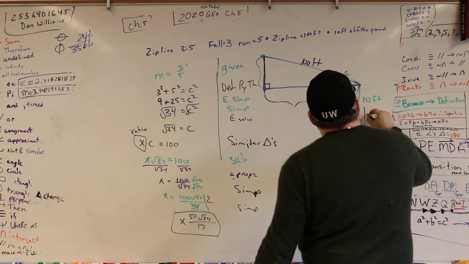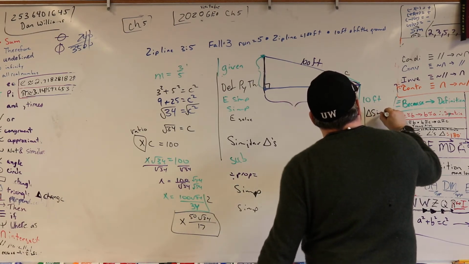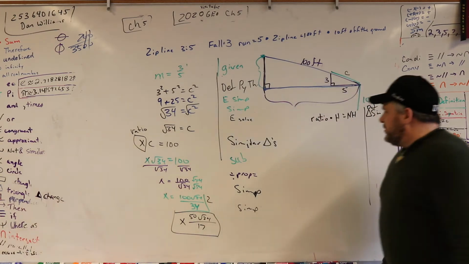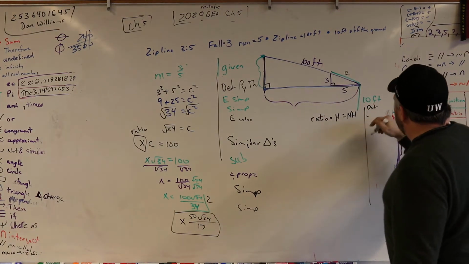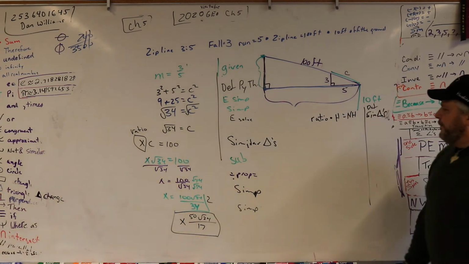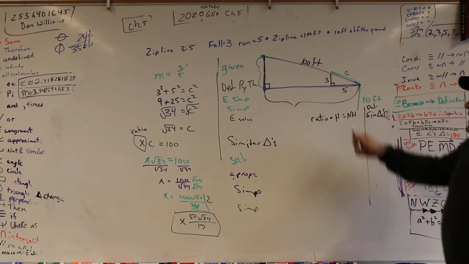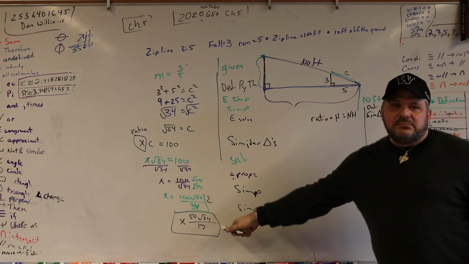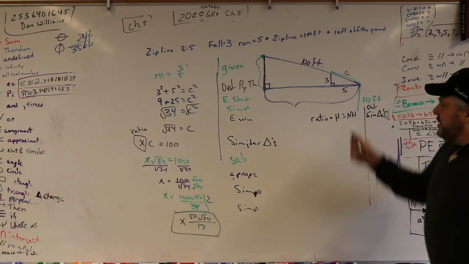That is the definition of similar triangles. So, I can take this height, multiply it by x, and get my new height.